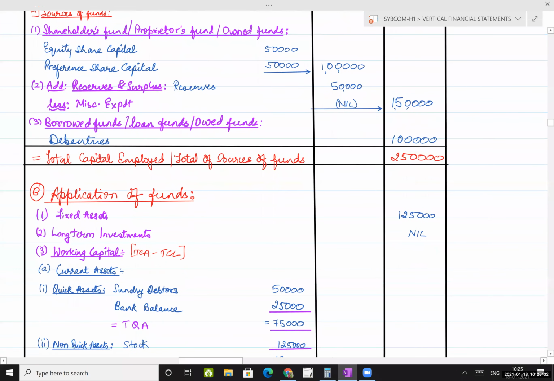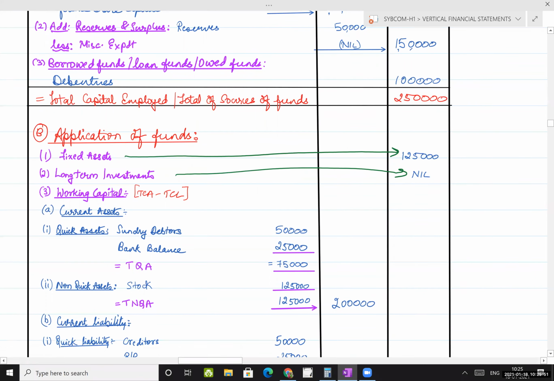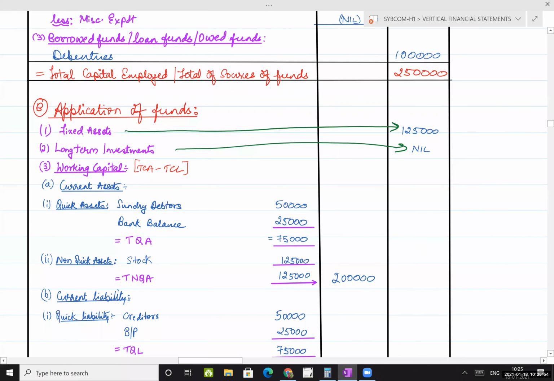Next, application of funds. In that you have first fixed assets 1,25,000, long-term investments not given, then working capital, current assets minus current liability. Under current assets you have quick assets and non-quick. Yeah, see, quick and non-quick.